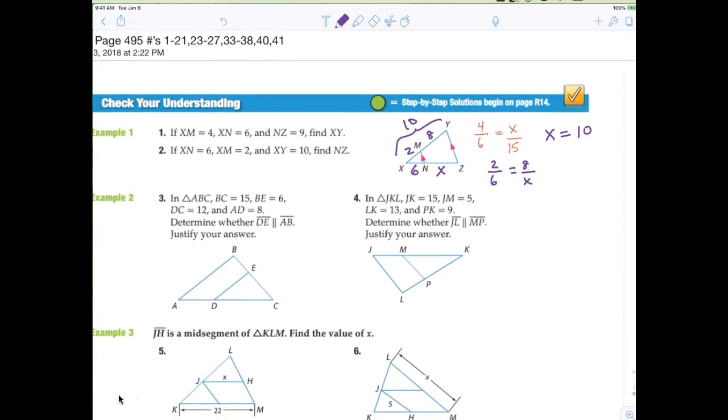That's why I erased it and started over. They're totally different now, right? You see what I'm saying? They're just a different question. Everybody okay with that? And so when you solve this, X has to be 24.